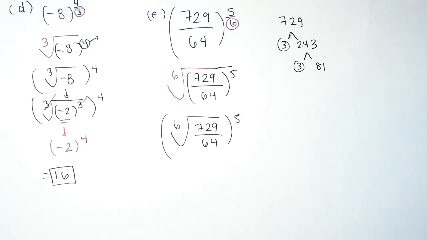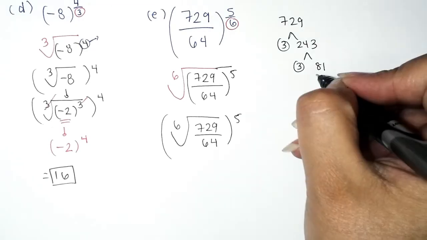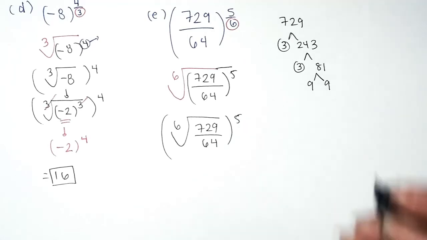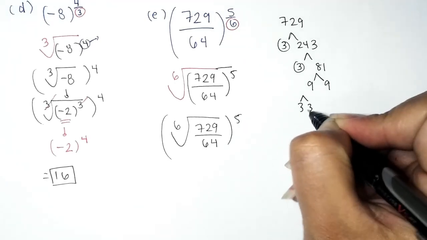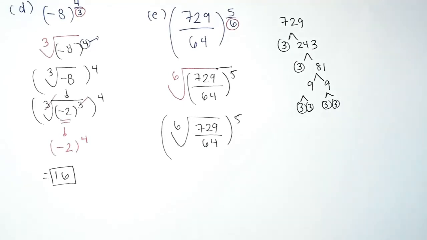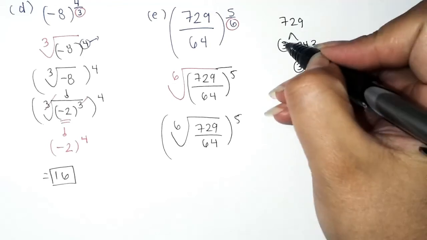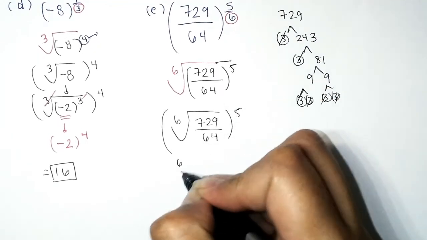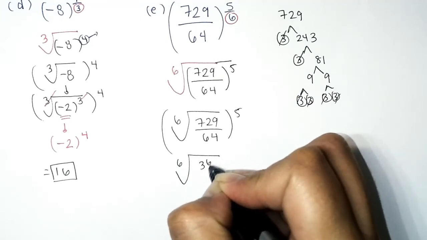And now I'm in my zone. 81, when we prime factor it, that will give us 9 and 9. We branch out the 9s, and that will give us 3 times 3. Same thing with the other 9. Okay, so we're going to tell the world that 729 is the same as 3 to some power. 1, 2, 3, 4, 5, 6. Okay, we have 729 is the same as 3 to the 6th power.